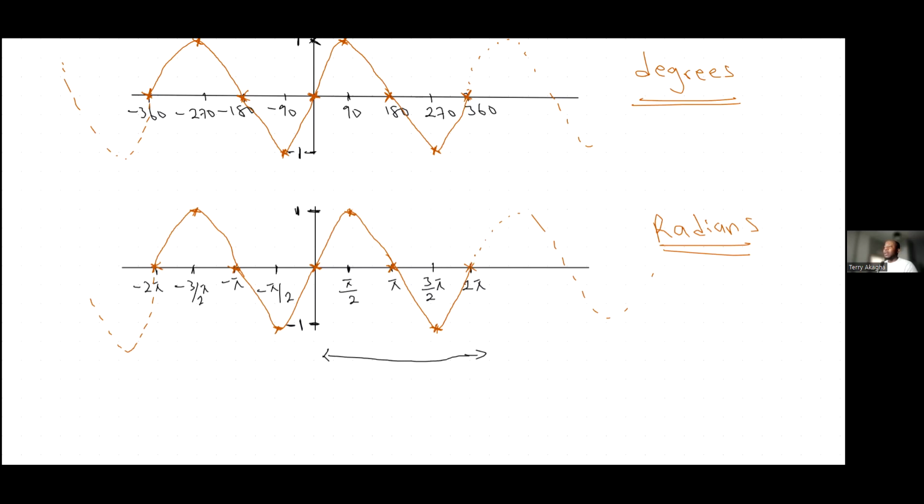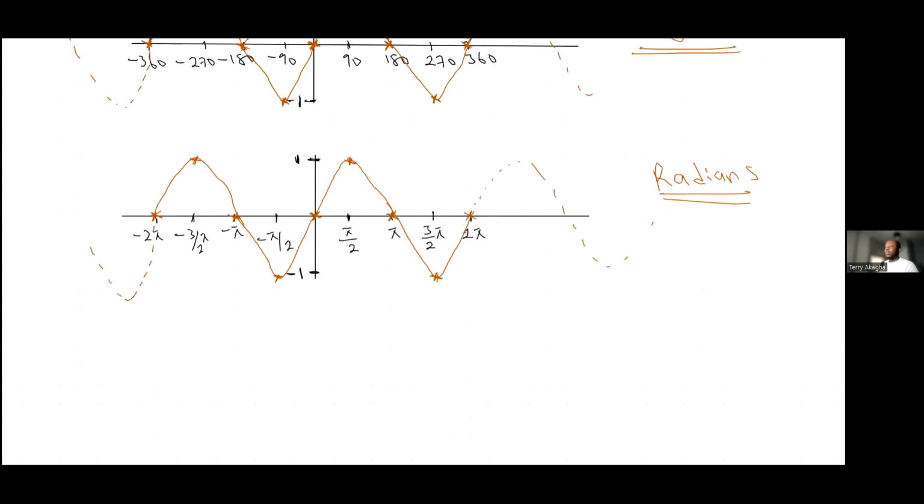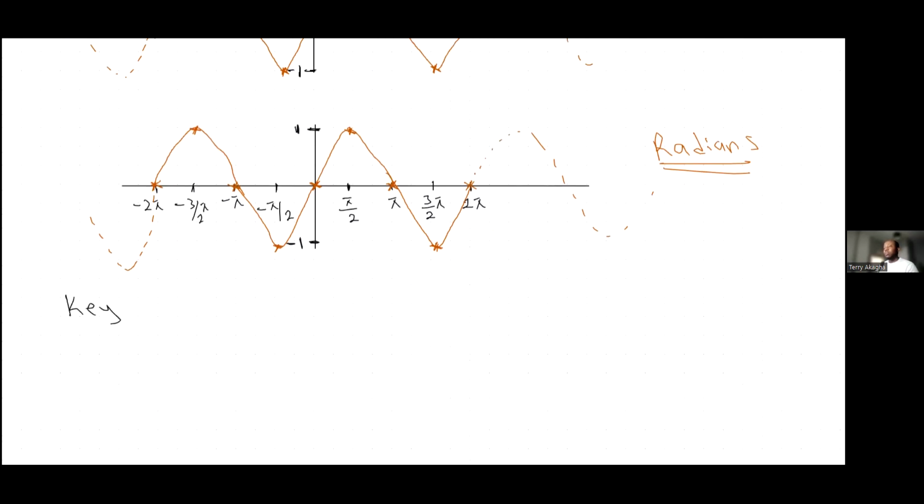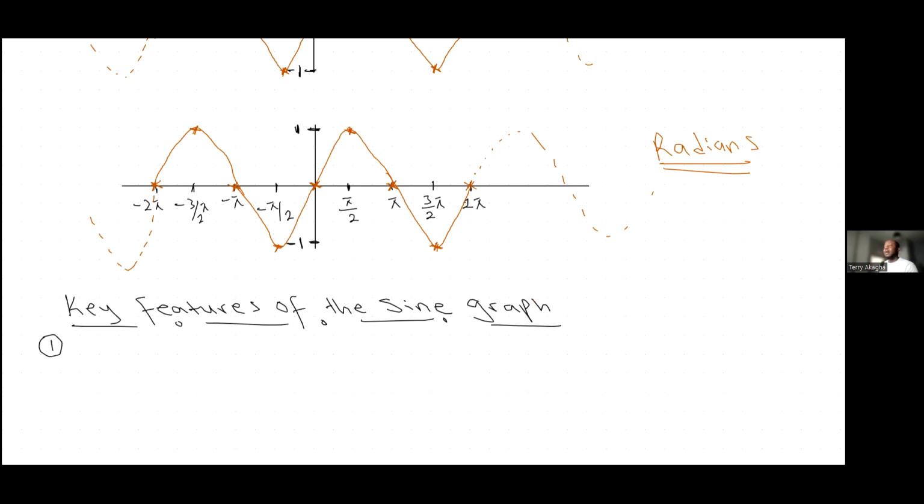So now the next part is that I'm going to write down the key features of a sine graph. Because I'm aware some of you do take notes, I'm going to write down the key features. The first thing: the sine graph repeats every 2 pi radian or 360. That means one revolution is 360.